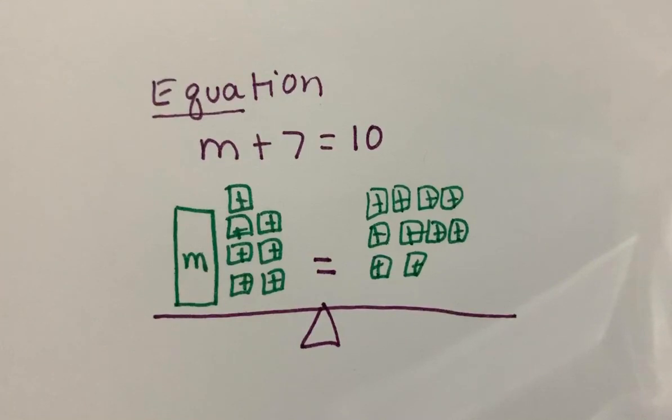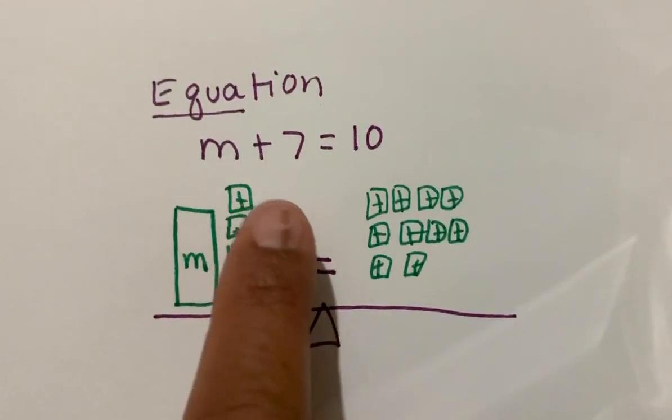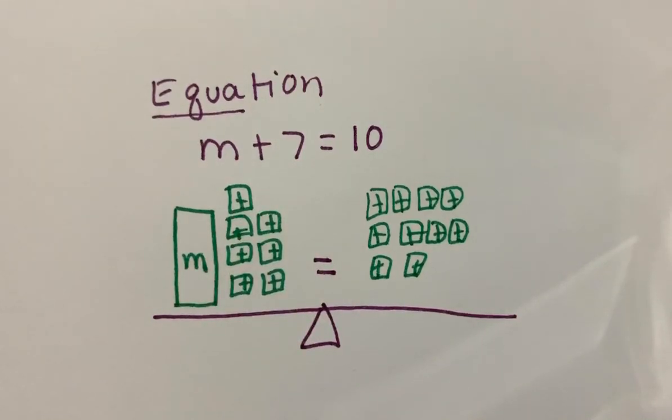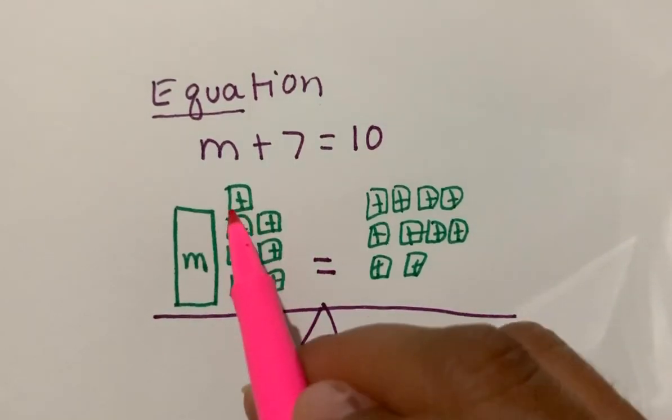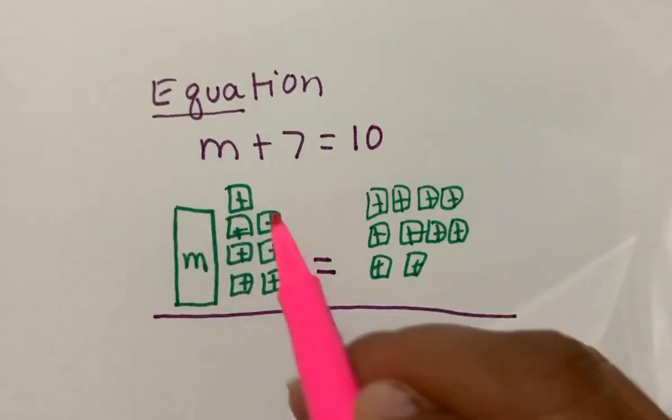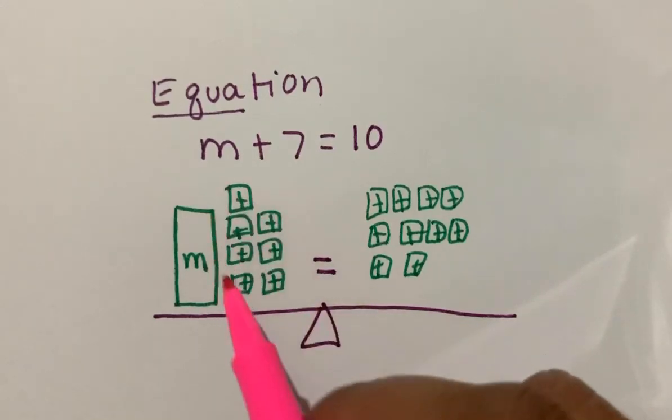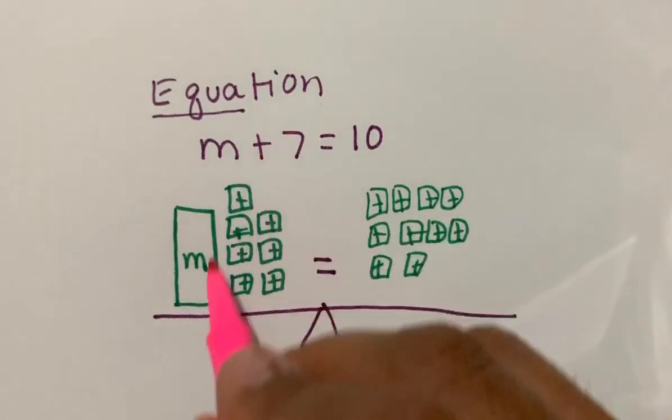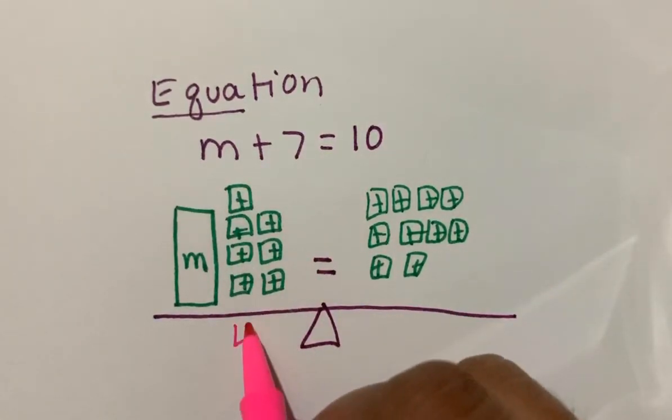And so the purpose of balancing the balance beam and figuring out what the value of m is, we have to move all of our single digits to the other side. And in order to do that, we are going to use 0 pairs. So if I have 7 positives, to get rid of 7 positives, I'm going to use 7 negatives.